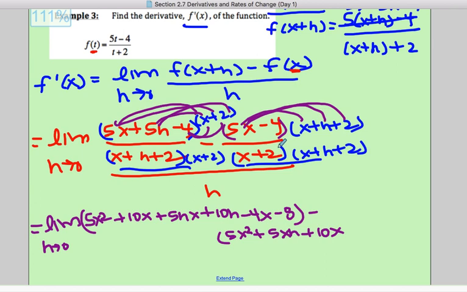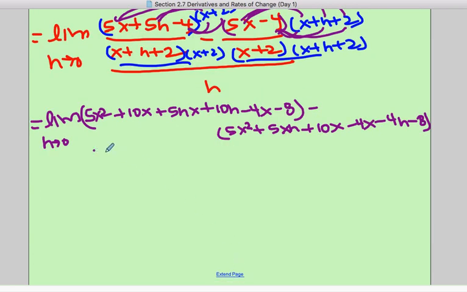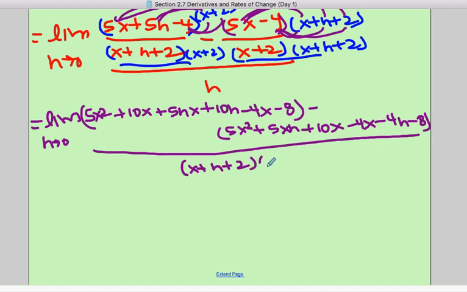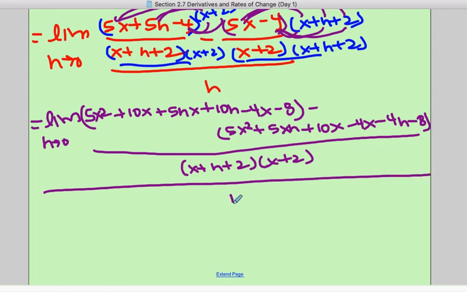Then I distribute my negative 4, so I got minus 4x minus 4h minus 8. That is all of this numerator. Then I got to put that over my common denominator, which is x plus h plus 2 times x plus 2. And all of that then is over h.